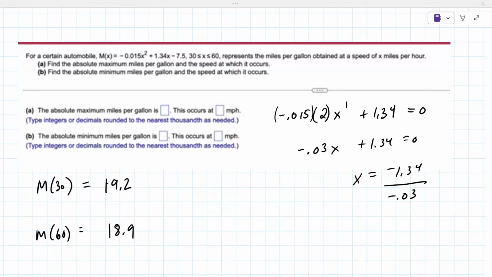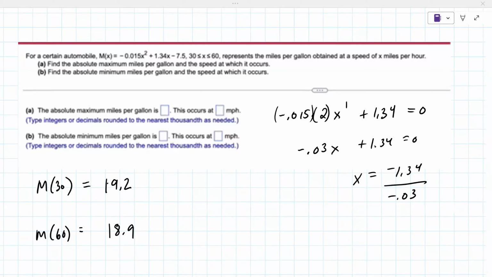And that ends up being not a whole number. Why would they do that? Let me make sure I didn't make a mistake here. Times 0.03.